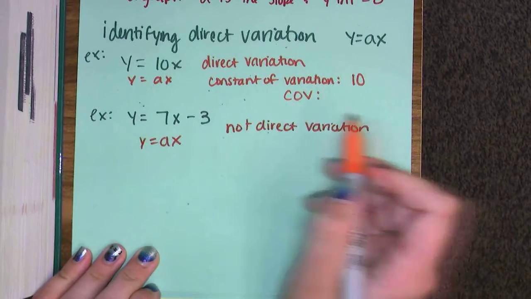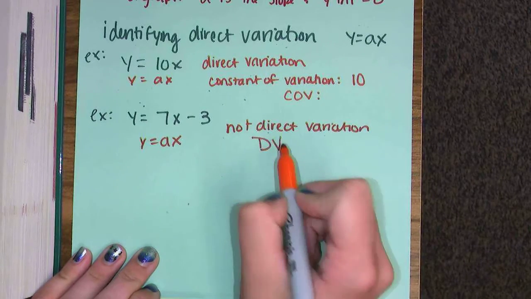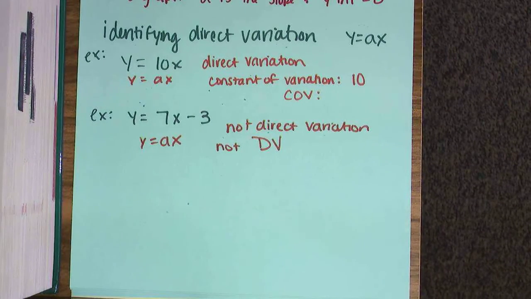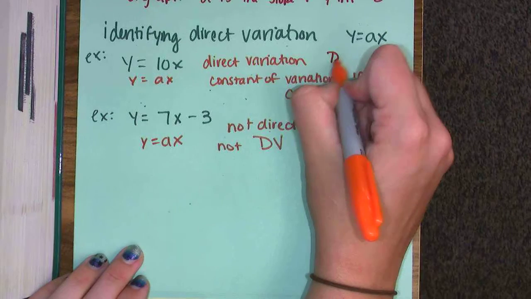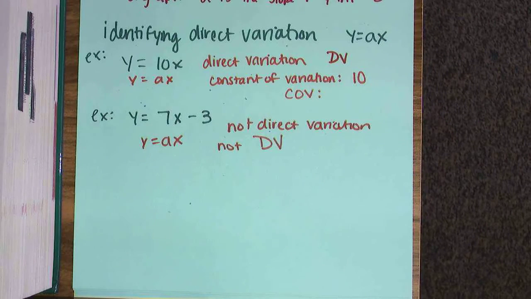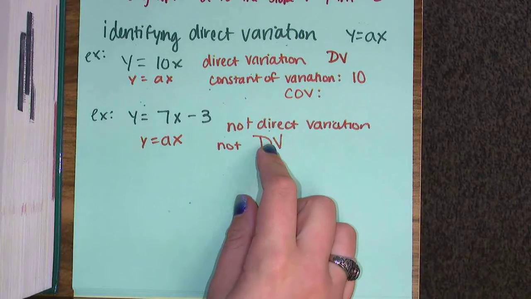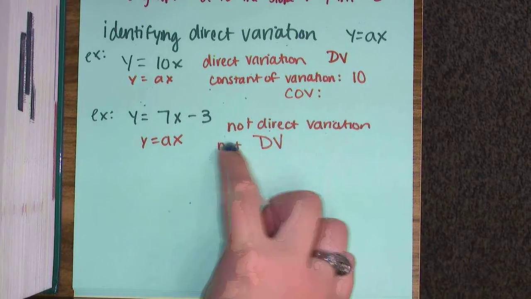And if y'all want to represent that as DV, you just need to say not DV. Or if it is, you can just say DV. That's fine as well. So this one does not have a constant of variation because it is not of the correct form.